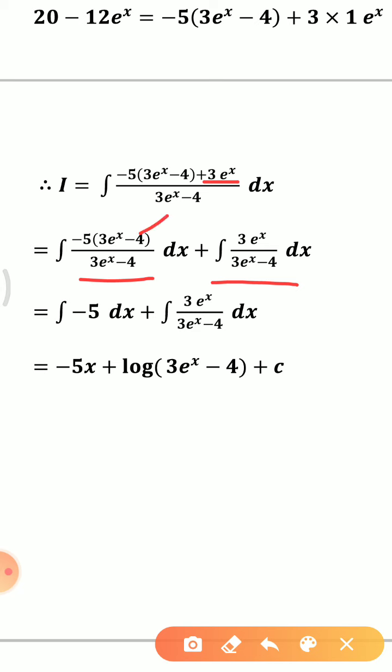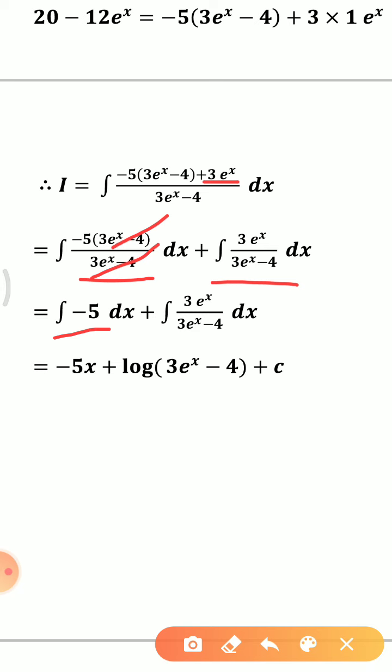Then 3e^x − 4 cancels, remaining the integral of −5 dx, and the integral of 3e^x upon (3e^x − 4) dx as it is.